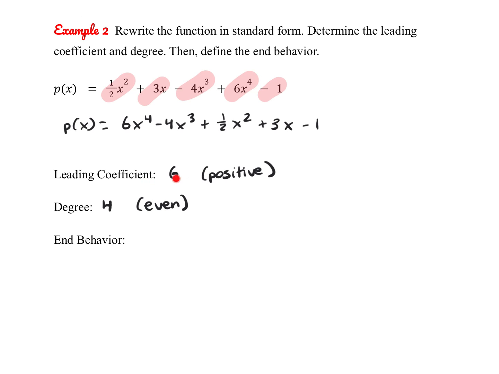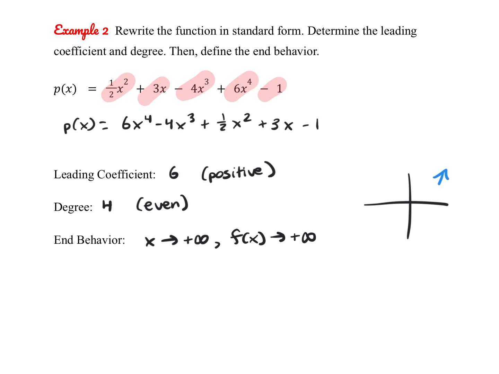So since our leading coefficient is positive, that means that the right side of our graph goes up. So that tells us as x approaches positive infinity, this just means to the right, f of x approaches positive infinity. The leading coefficient tells us the end behavior on the right.